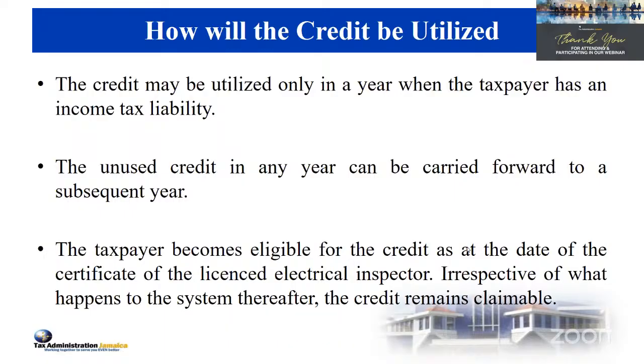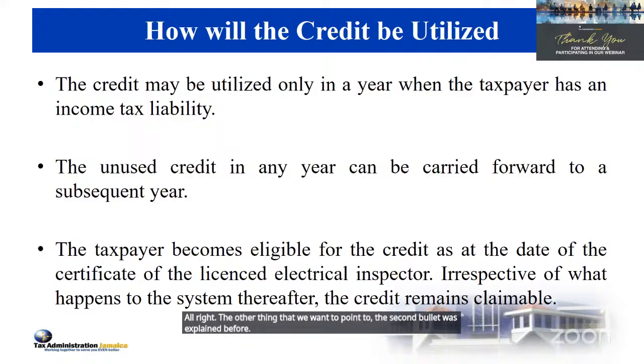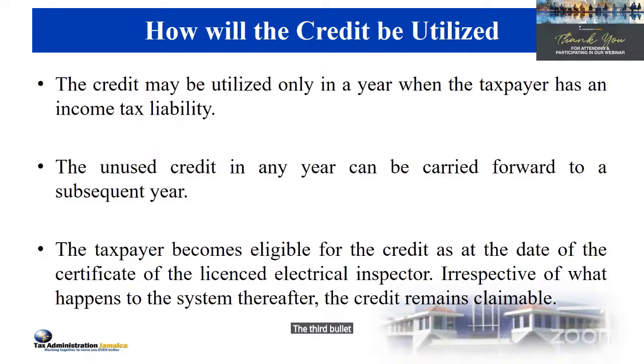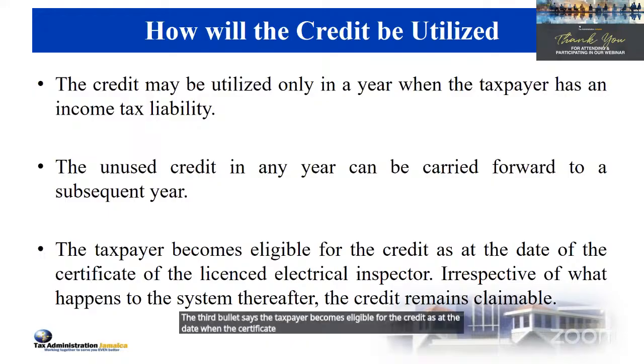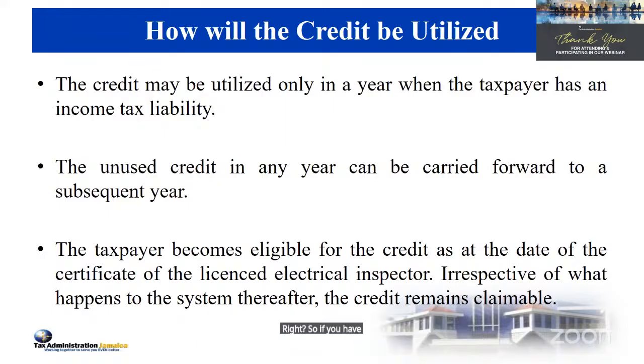All right. The other thing that we want to point to, the second bullet was explained before. The third bullet says the taxpayer becomes eligible for the credit as at the date of the certificate of the licensed electrical inspector, right? So if you have installed the system and it has not been certified by the electrical inspector, you are not eligible for the credit.